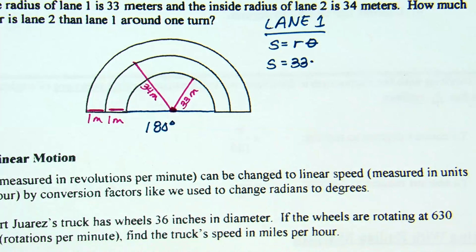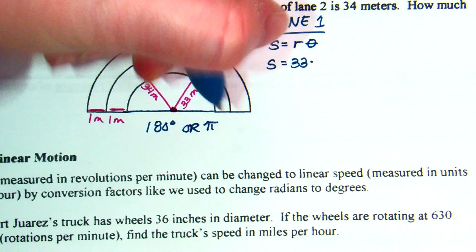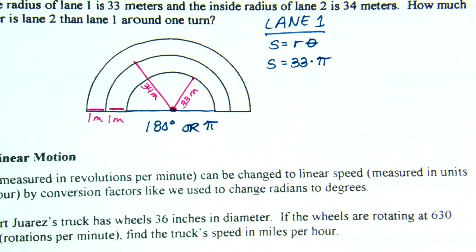No, because 180 is in degrees. When we use this formula, the specific restriction is that it has to be radians. What is 180 degrees in radians? Pi. Okay? So this is 180 degrees, or it is pi. And so we're going to use pi here.